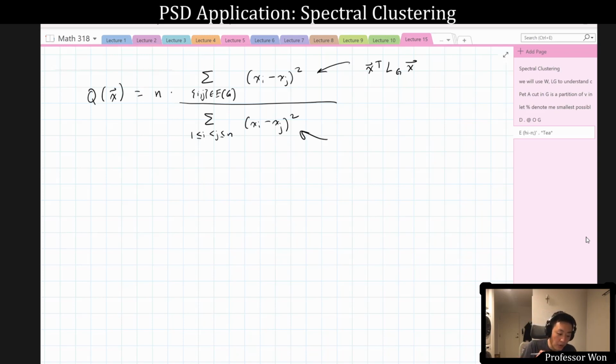Now, what you're supposed to show in this problem is, let A be any set. We're going to define the characteristic vector of A to be the vector whose entries are 1 if the node is in A and 0 otherwise.